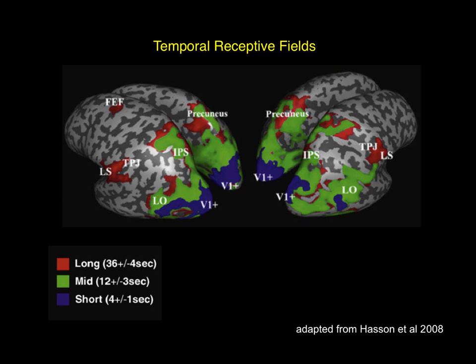So later areas like the FEF, which is making decisions about where to look and things like that, have a much longer time scale. It's integrating information over 36 seconds in their study. And it was not correlated with itself if you were looking at shorter things like 12 seconds or 4 seconds.